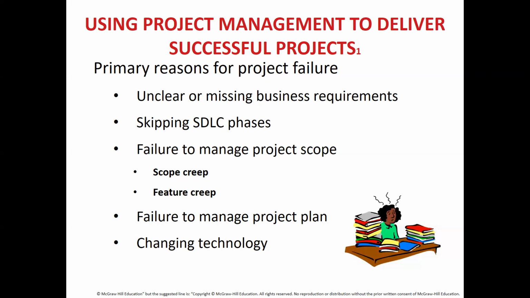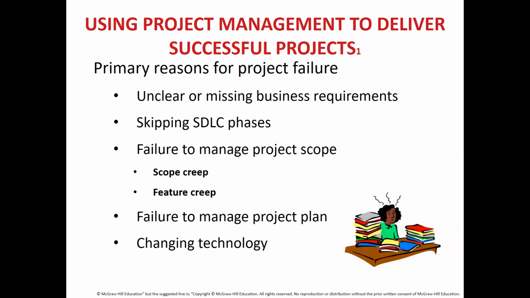Feature creep is when somebody tries to tell you to put more features in a particular software application. The previous example that I gave can also be an example of feature creep, whereby somebody tells you to put additional things in the software. Failure to manage the project plan means the person managing the project plan, in most cases the project manager, had not planned it well.